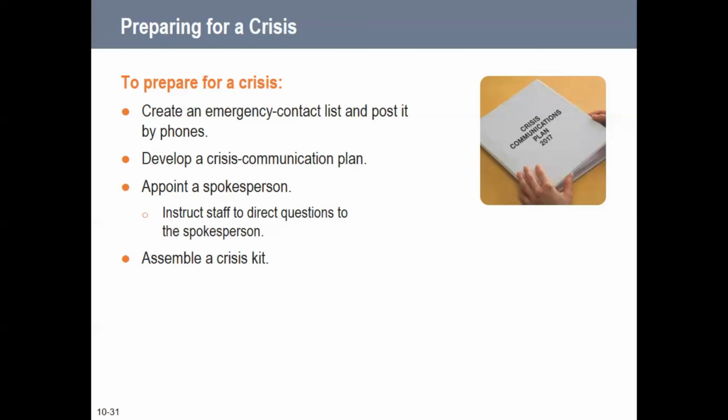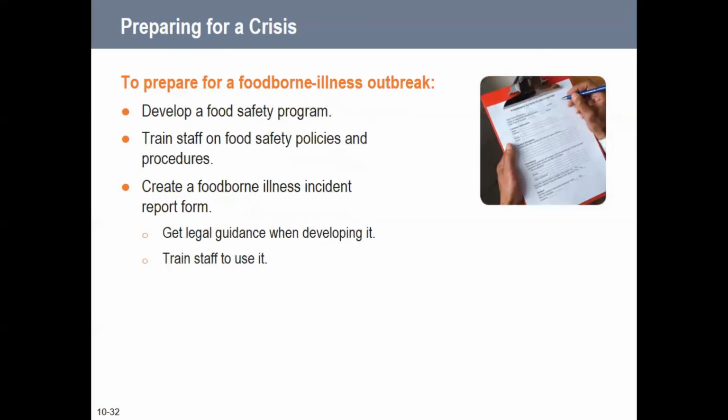They're the representative for the restaurant. All right. And then what you need to put together is a crisis kit. A lot of times what you see there is a 3-ring binder, something like that. That is your crisis kit, and it has all the planned material, all the documentation, everything that you need in case a crisis would happen.